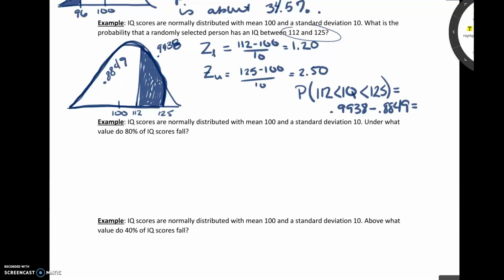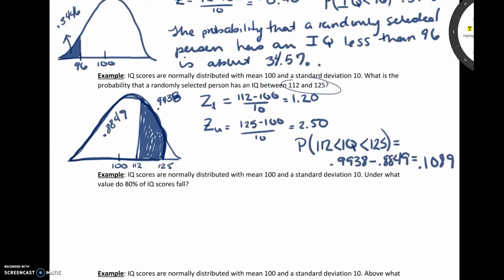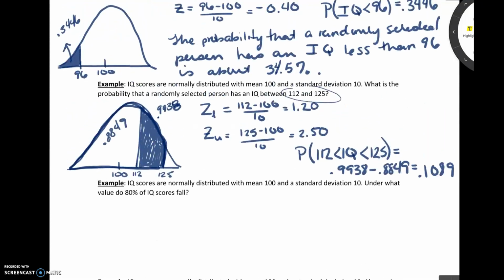Again, take a moment and put that in your calculator. It's 0.1089. If you go back and look at what we found in StatKey, you'll see that we found almost the exact same thing. And then to complete the answer, you would want to write a sentence similar to this one up here.